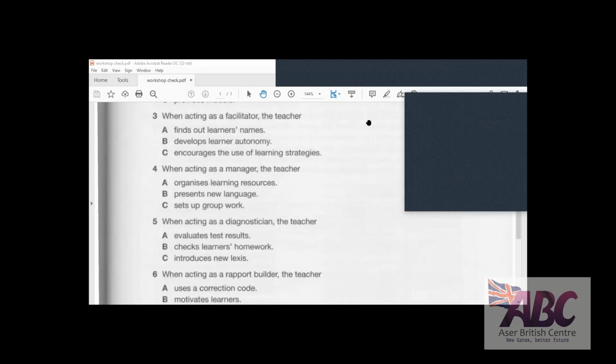Next one, number 3. When acting as a facilitator, the teacher finds out learners' names, develops learners' autonomy, or encourages the use of learning strategies. A. Do you have any other opinions? Do you think she's got the right answer?